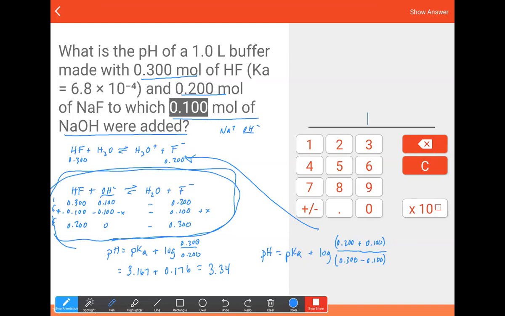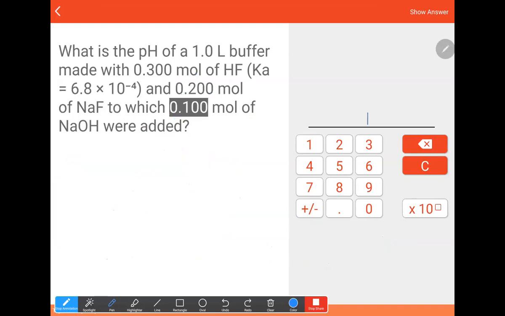So 3.34. If I want to solve the other way, I could do H3O plus. I could say, okay, now I'm starting with 0.200.